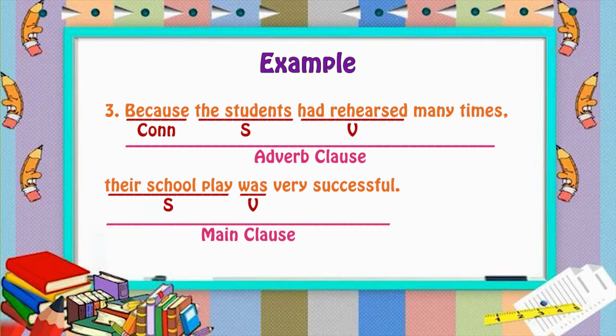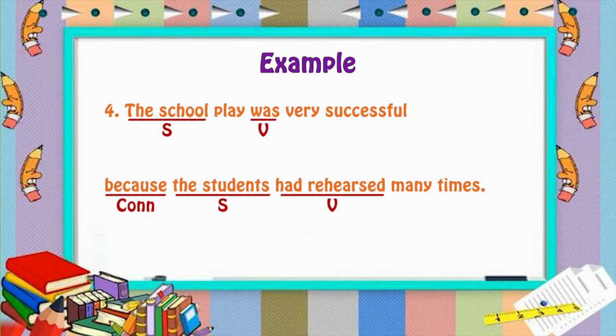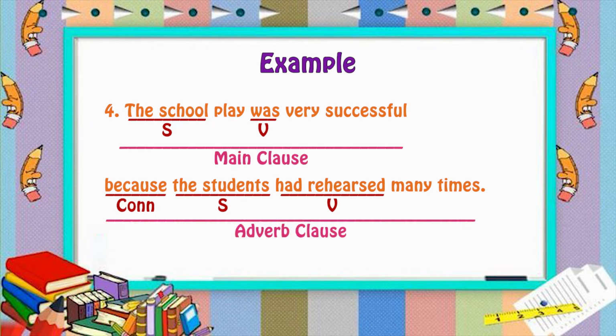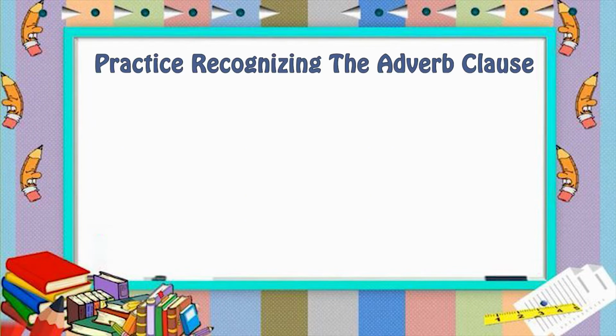Okay, and then the next example here. The school play was very successful because the students had rehearsed many times. The adverbial clause is because the students had rehearsed many times. It is in the final position. Now, let's practice recognizing the adverbial clause.